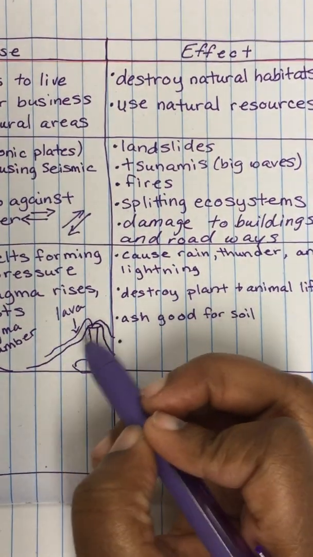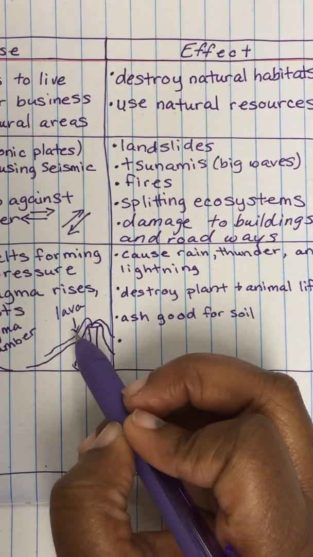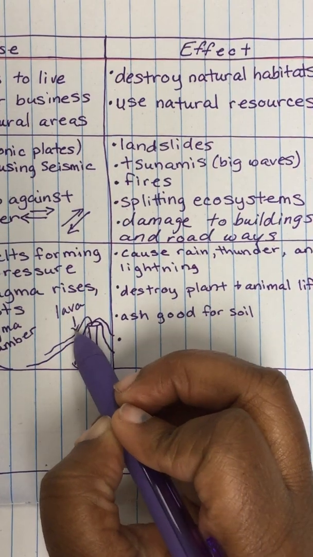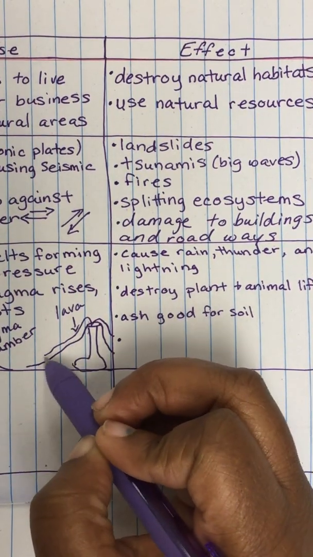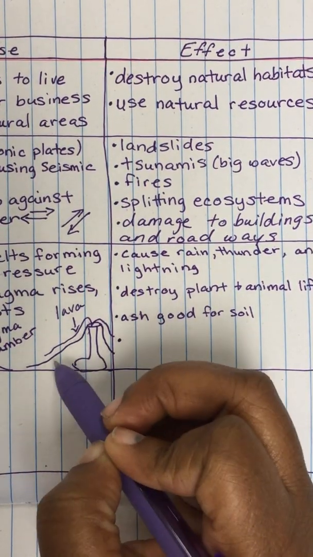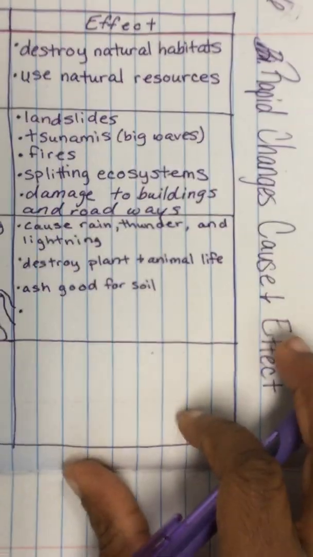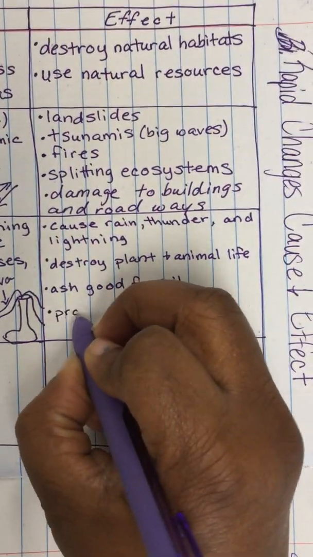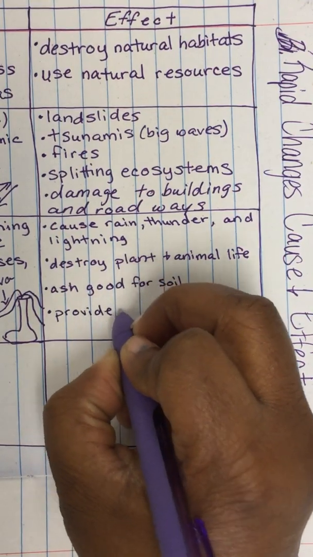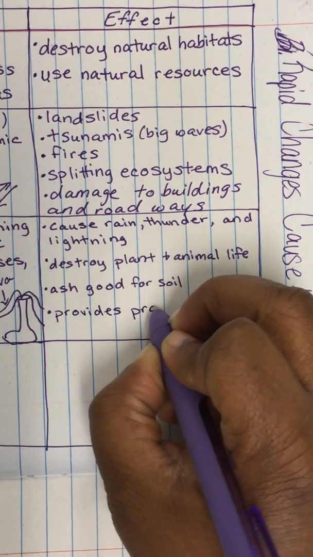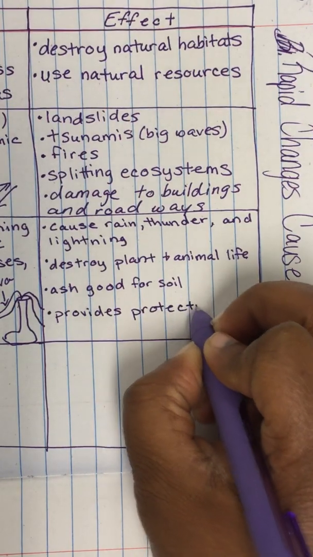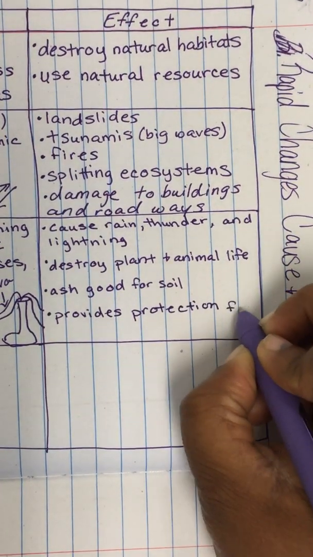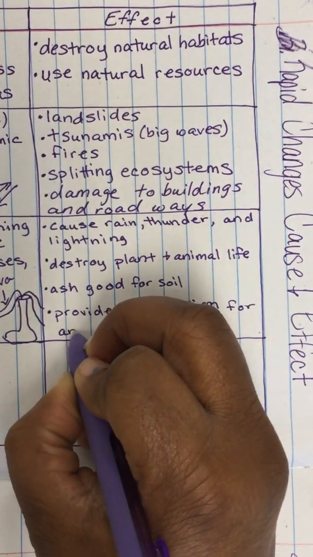When lava flows and it creates a very steep side, animals and different organisms will take shelter on those sides because it's harder for other predators to get to them. So it provides protection for animals.